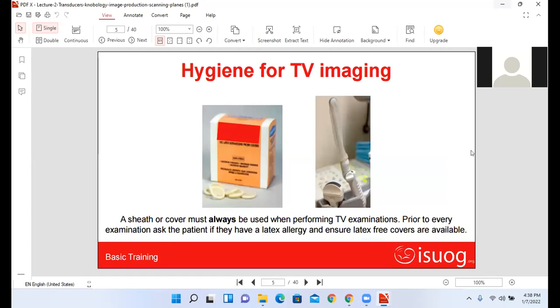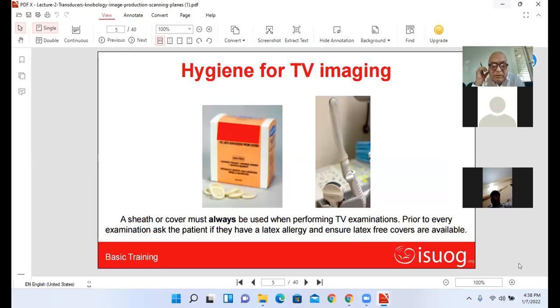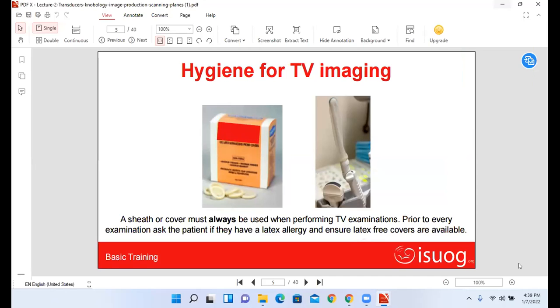Hygiene is what we do after each examination on the transducer. In case of transvaginal scanning, we have to be more careful because we are using it invasively. So we are mostly using either a condom or some sheets, and those are already pre-sterilized.